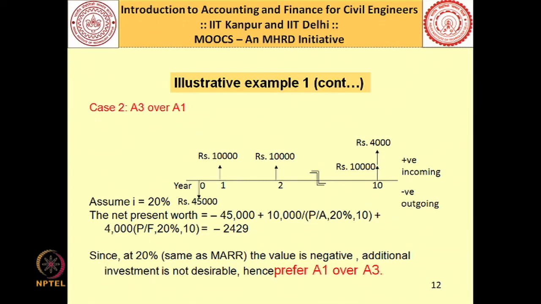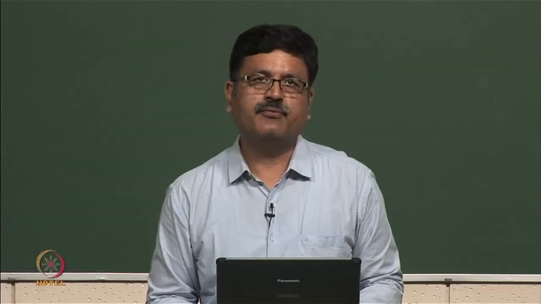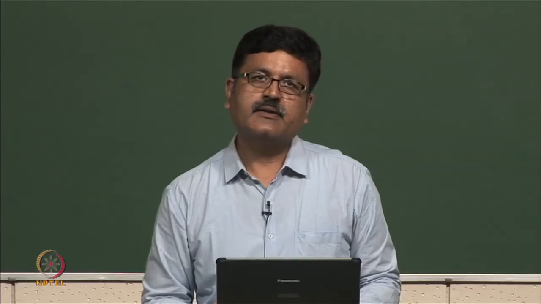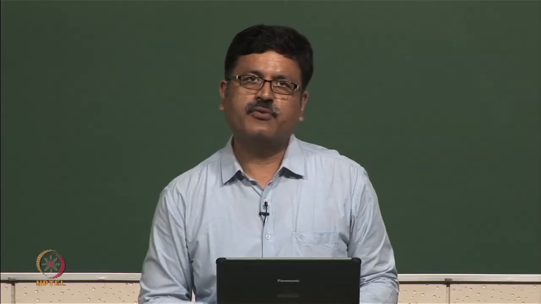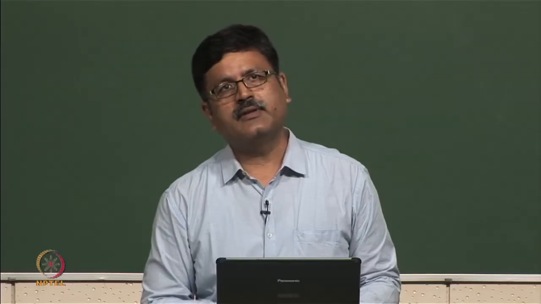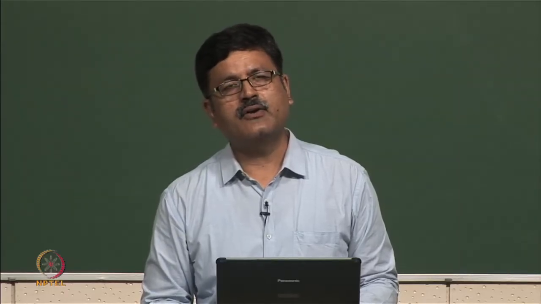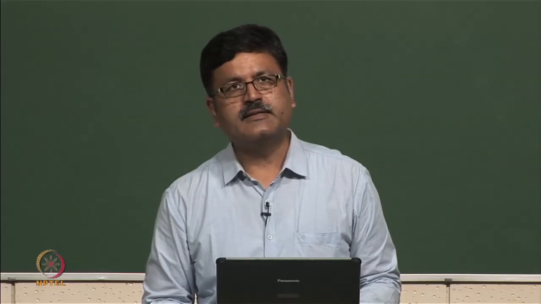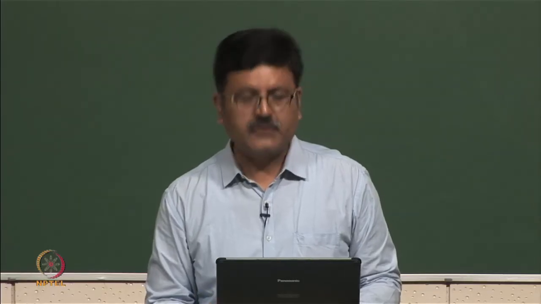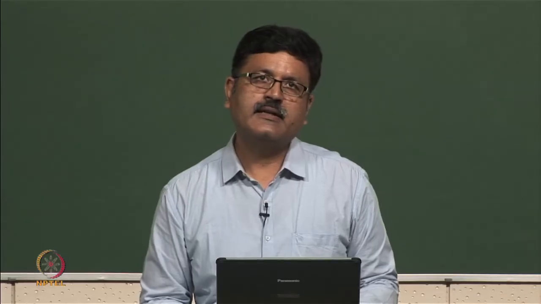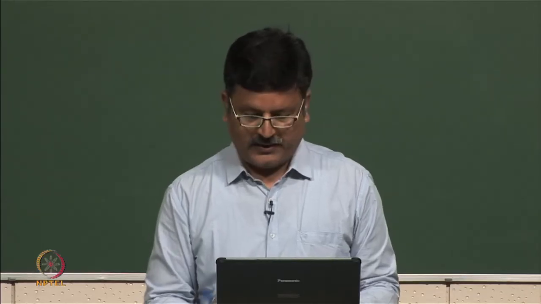So, out of the 4 alternatives A1, A2, A3 and A4, A4 was rejected in the first stage screening itself, and when the second stage of analysis was carried out, we found that A1 is the best choice out of the remaining 3. So, this is how we carry out the incremental analysis in a step by step manner.